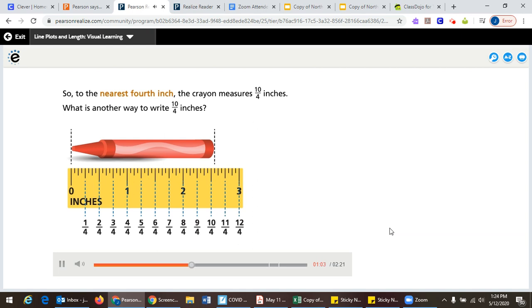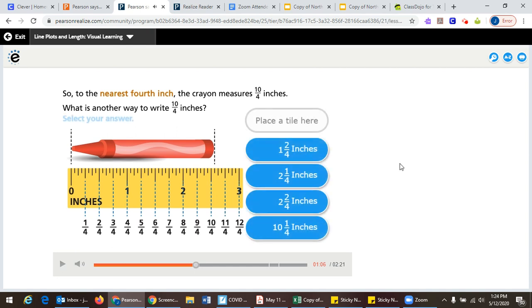What is another way to write 10/4 inches? You should remember this. 10/4 we know is an improper fraction because my numerator 10 is larger than my denominator 4. If I look at my ruler, don't overthink it. How many total inches do I have? Well, my red crayon is covering 0 to 1, 1 to 2, and a little bit more than 2, a little bit past a half.